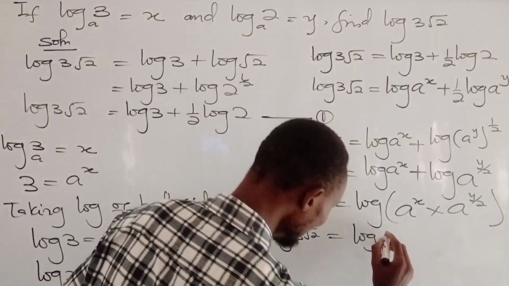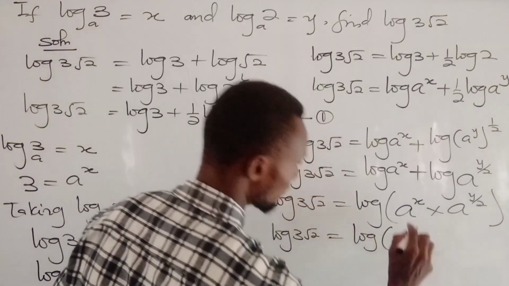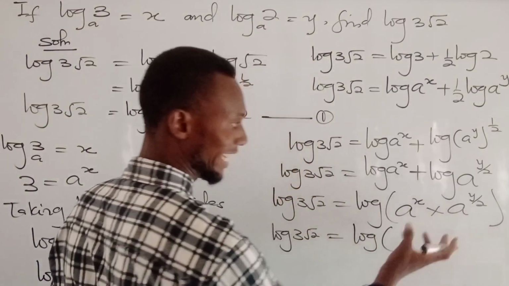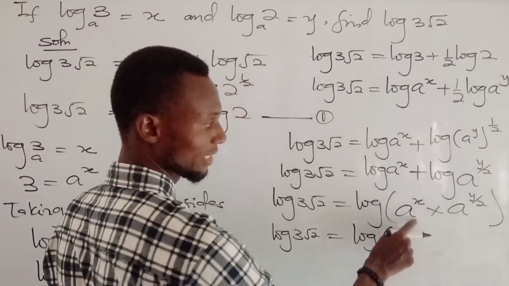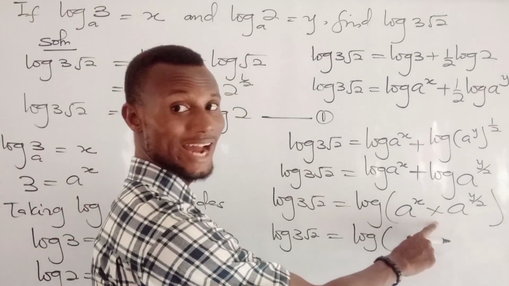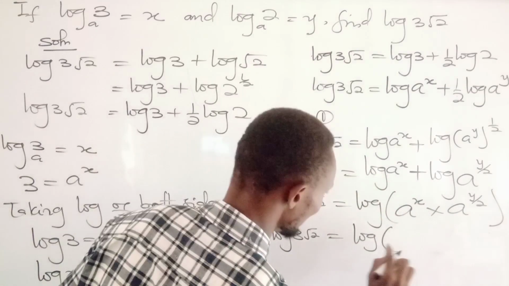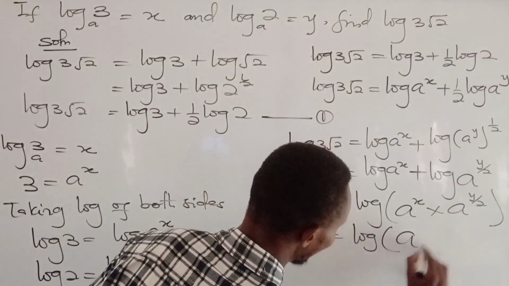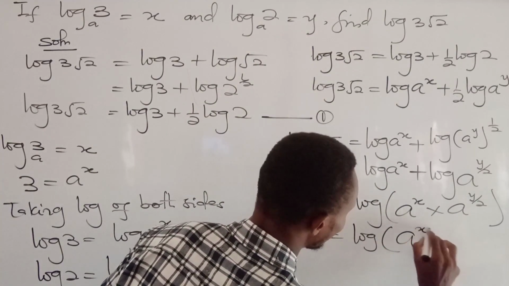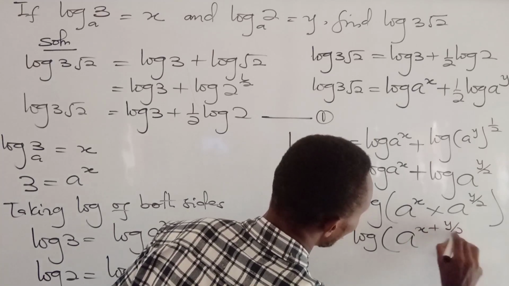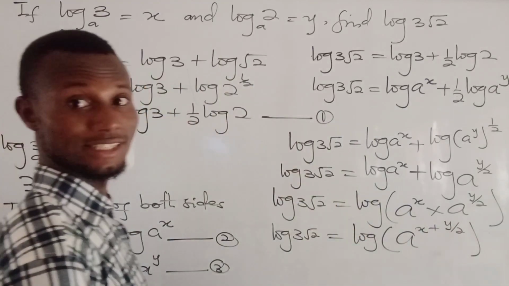So now it's going to be the log of, when we apply the indices law, because the bases are the same and they are multiplying, we add the powers. So it's going to be the log of a to the power s plus y over 2. That's the indices law.